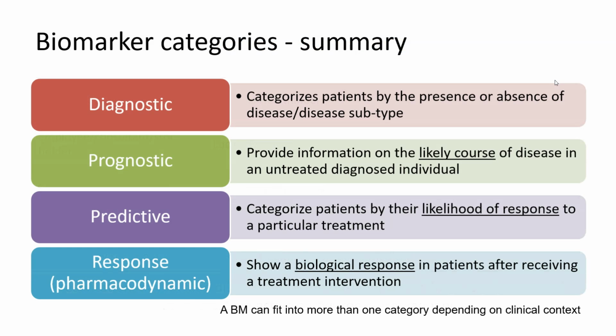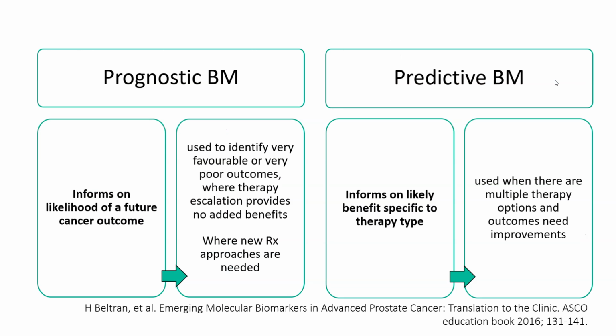So to begin, let's start with a brief summary. We said that there were major types of biomarkers: diagnostic, prognostic, and predictive biomarkers. We said that prognostic biomarkers inform on the future outcome of a cancer patient, and are therefore used to identify men with a very favorable or a very unfavorable outcome where dose escalations provide no added benefits.